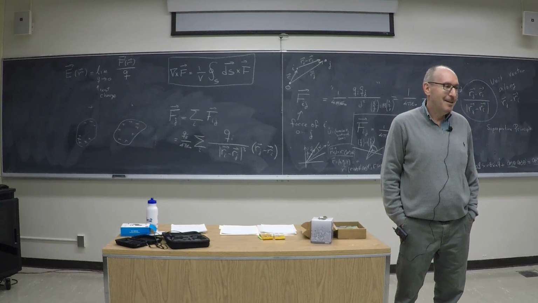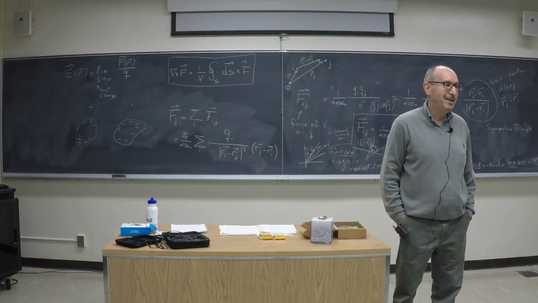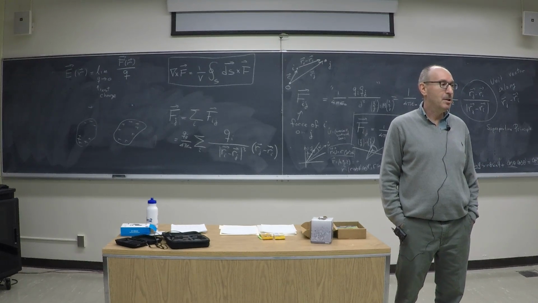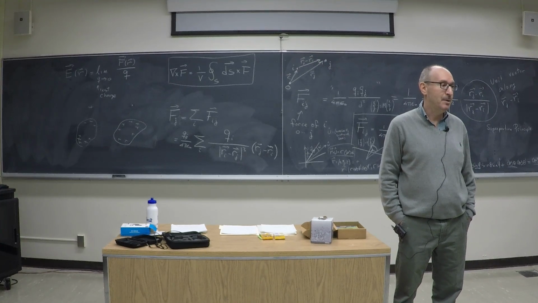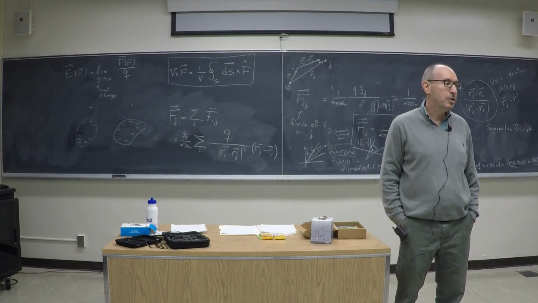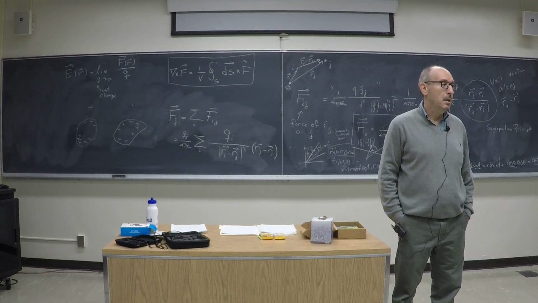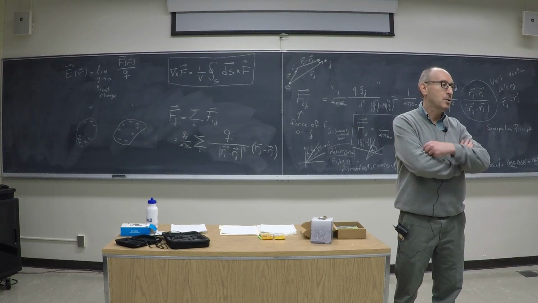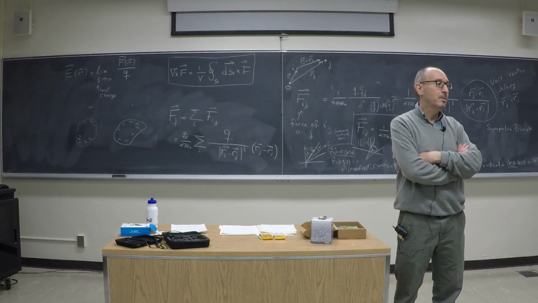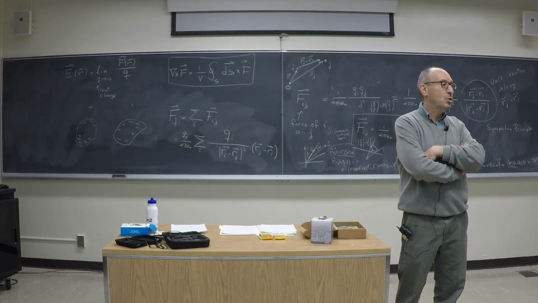But this is conceptually not that good, because it is true only in some situations with very high symmetry that you can do that. In general, Gauss's law is not useful to find electric fields. If you have a sphere or a cylinder, fine, then you can. But suppose I have a very horrible distribution of charges.